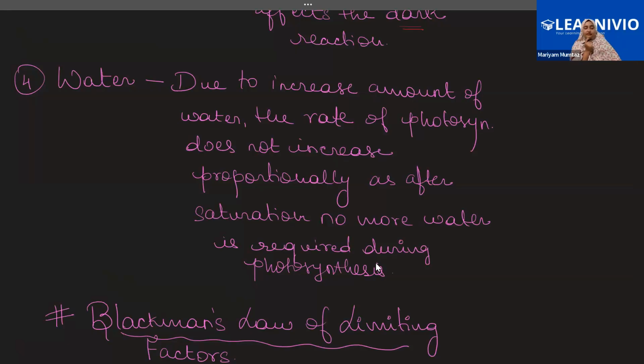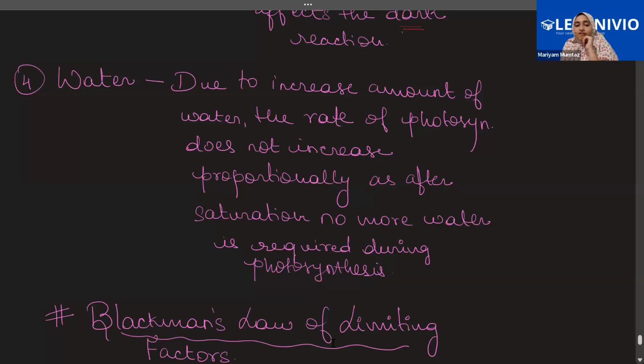Now, you might have seen that if you water the plant much more than it is required, it starts flowing out of the soil or pot. It starts leaking, right? So that is happening because the plant doesn't need much more than that. The plant will utilize as much as it needs, but not even a tiny bit more.